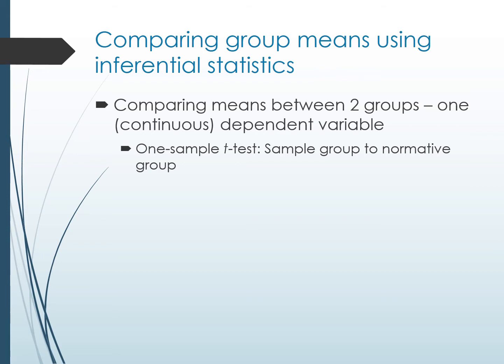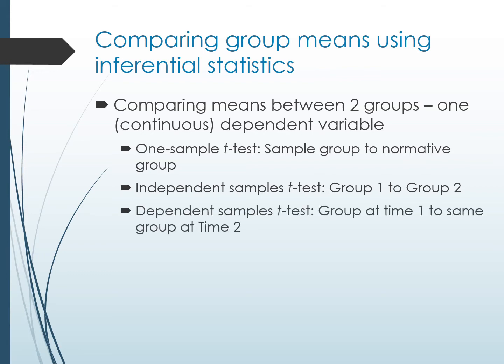You'll recall in the Clark and Stoner article, the authors used a one-sample t-test to compare the spelling scores of Brailling students to a national norm. In the independent samples t-test, we compared the means of two independent groups to one another. And finally, in the dependent samples t-test, we compared the means of one group on two different occasions, such as with a pre-test, post-test type study.